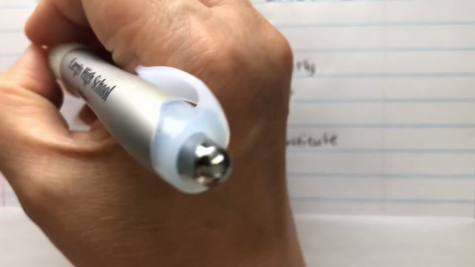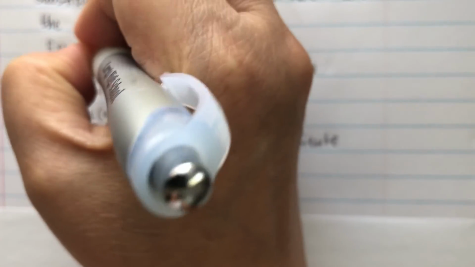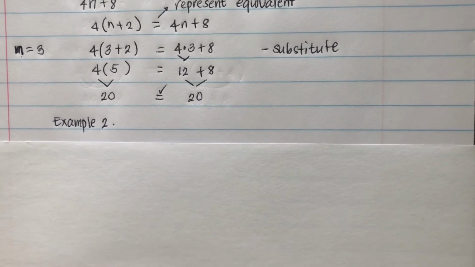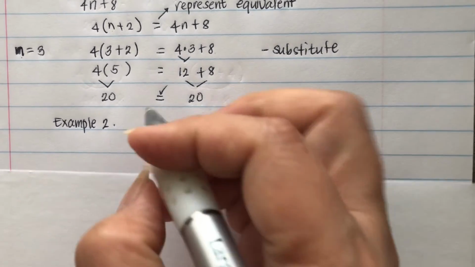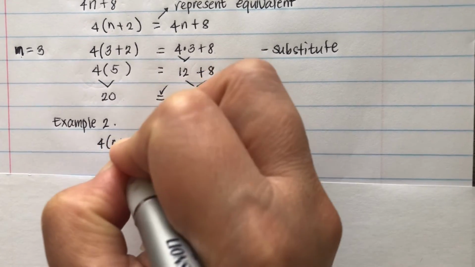So this is our example number 1. So we are going to have example 2. Let's say I want another equivalent expression for 4 times quantity n plus 2.